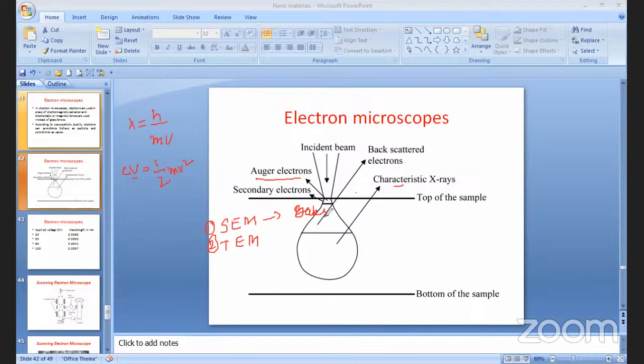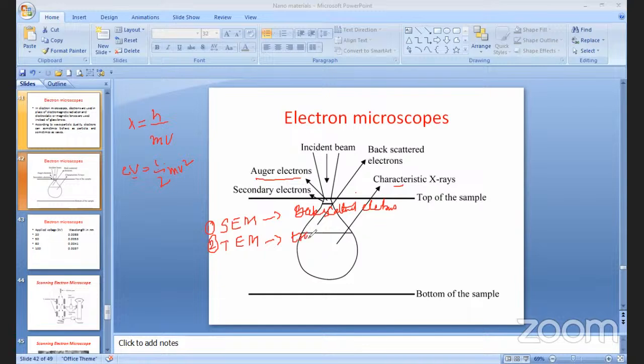This is due to the backscattered electrons. So by using these backscattered electrons, the images are formed in the case of the SEM. In the case of the transmission electron microscope, it utilizes the electrons transmitted through a sample.